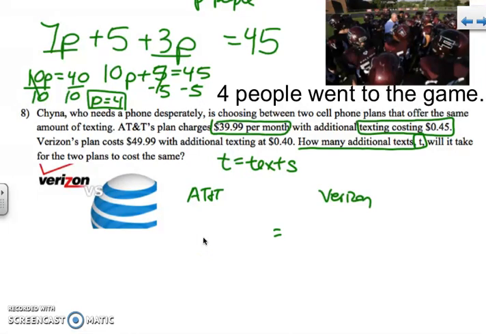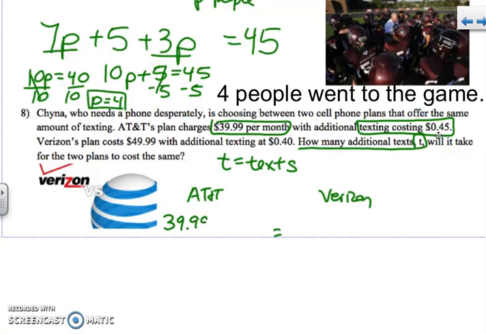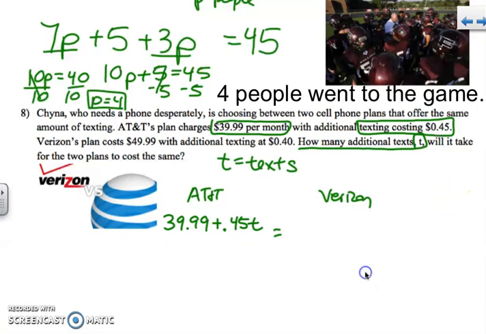So the keyword is usually when you see per, that's next to the variable, but in this case, since our variable stands for T in text, then that .45 needs to go next to the T. So that $39.99 is just out front plus that 45 cents per text. Okay, so same thing for Verizon. That $49.99 is out front plus the .40 for the text.